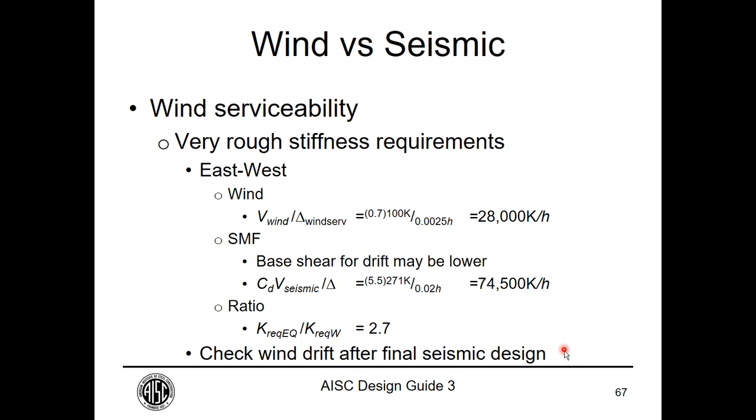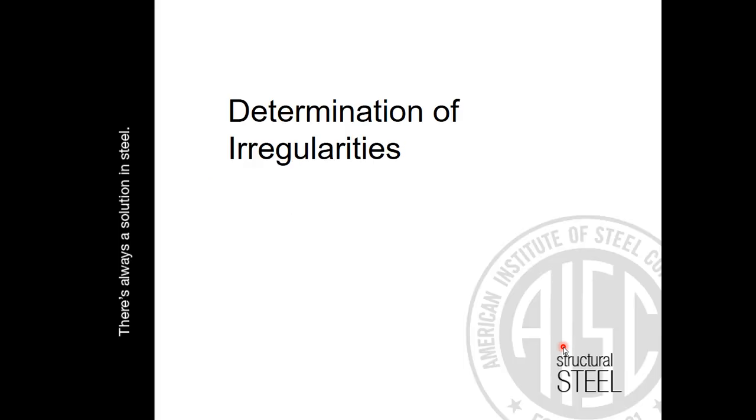We can verify this after we've designed our members, but at least we know that we're picking out our beams and columns in this moment frame using the appropriate load combination that's going to govern their selection, and therefore our design will be a little bit more efficient in terms of engineering calculations.